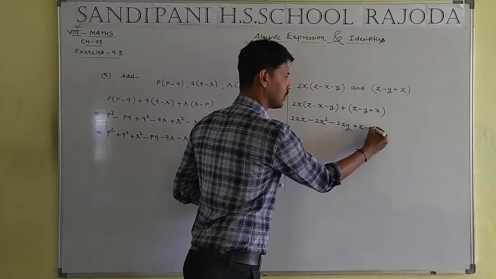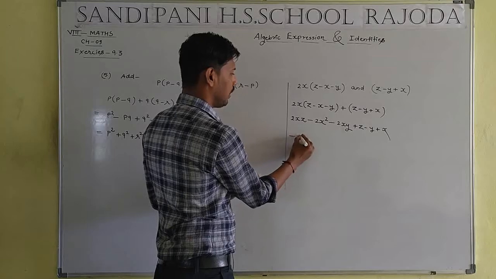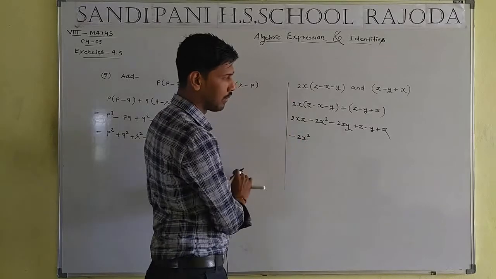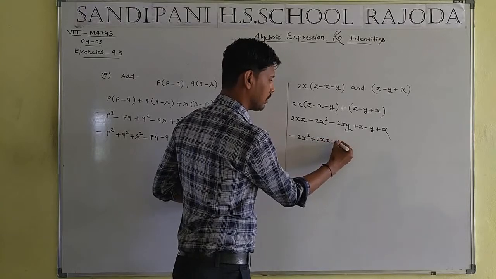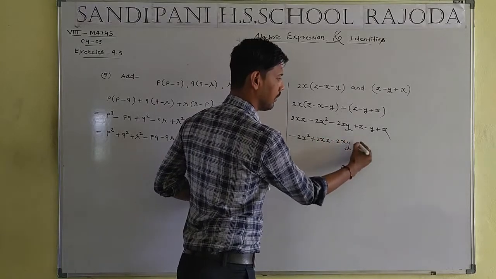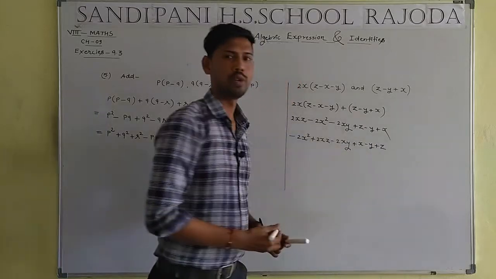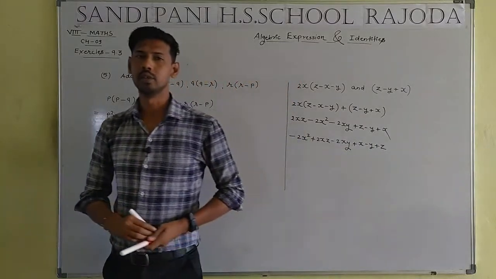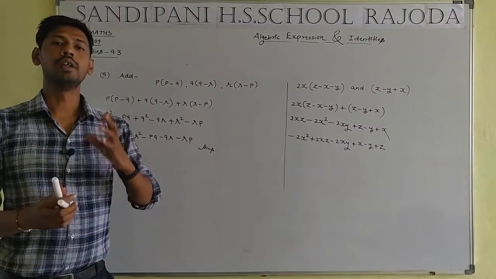Simple z minus y plus x. Arranging according to the order 2x square. First the power 2 term is written, then plus 2xz minus 2xy. Simple x, then y, then z. I hope student you are getting the proper solution related to questions of the exercise number 9.3, adding and product.